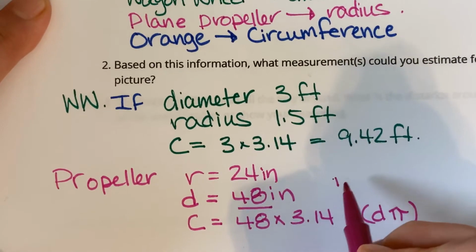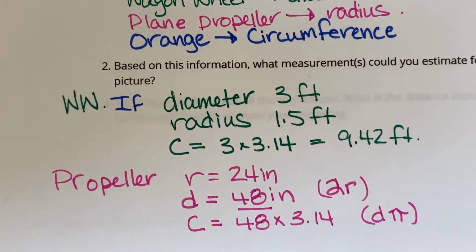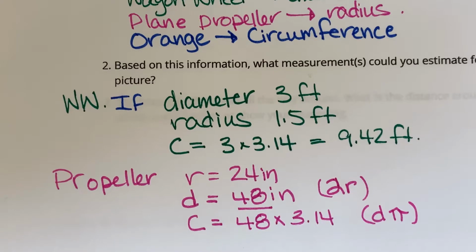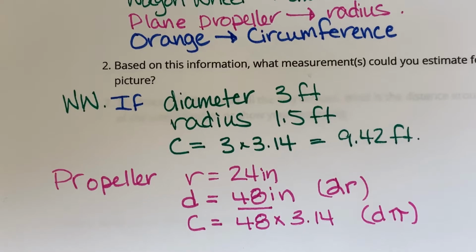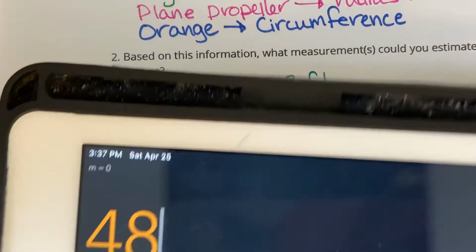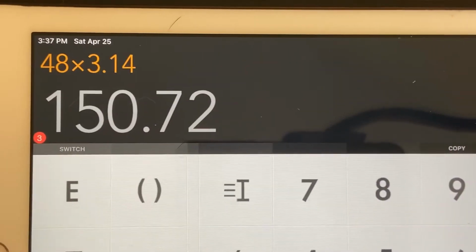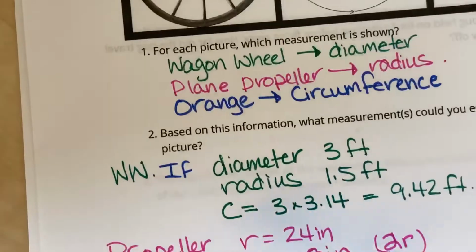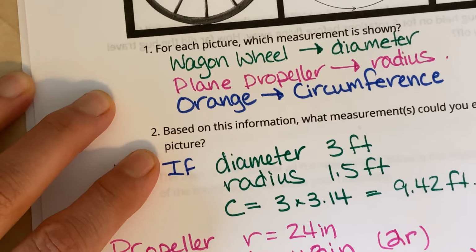This is 2 radiuses. I would use a calculator for that. I'm using my iPad here. Oops, that didn't work. So I would do 48, just using the iPad calculator if you want to see what I'm doing, times 3.14, and I get 150.72 inches.